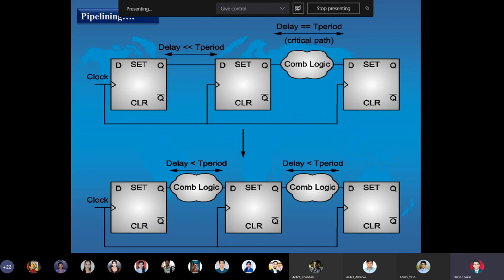The output Q will undergo some combinational operation, and after a delay of 0.5 nanoseconds, it will reach D. While all 3 flip-flops are supposed to take an action at t equal to 5 nanoseconds when the rising edge of the clock arrives, because there is a combinational delay between the second and third flip-flop, the action will be taken on a wrong input D of the third flip-flop. Getting me? So here we have to synchronize the operations between the 3 flip-flops.